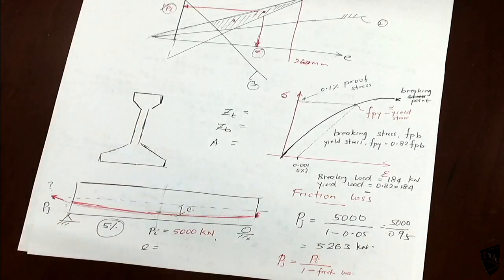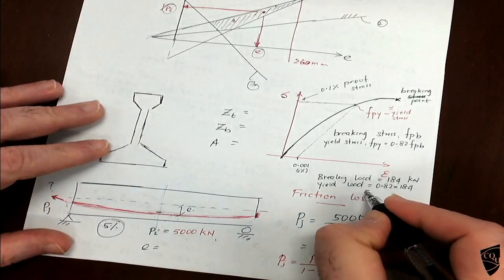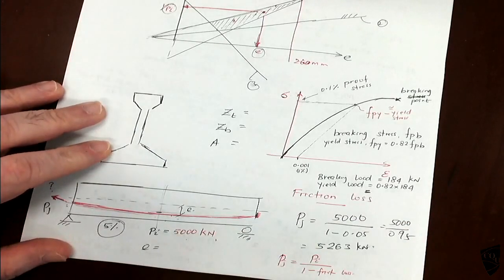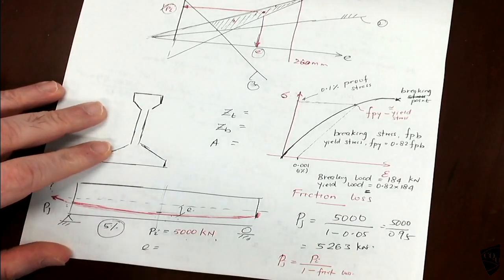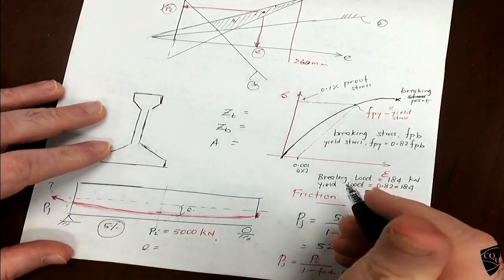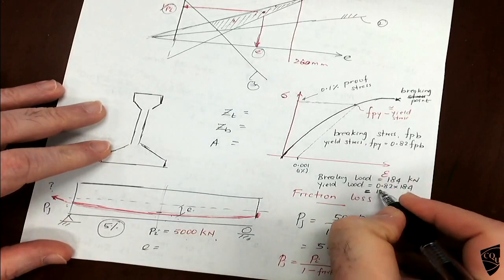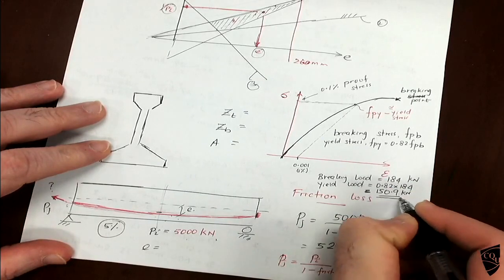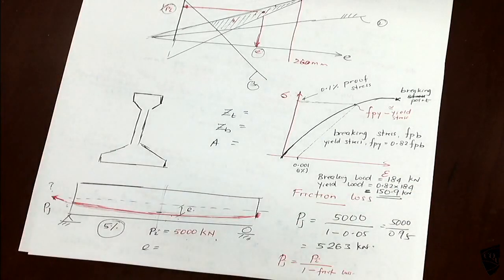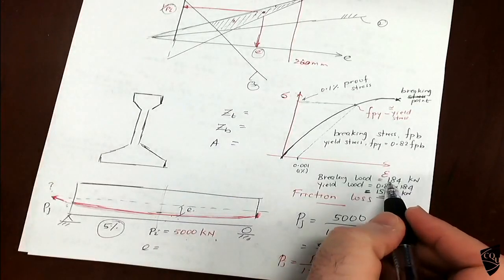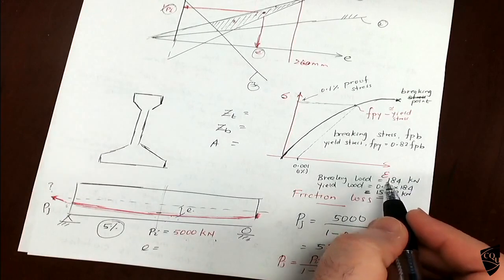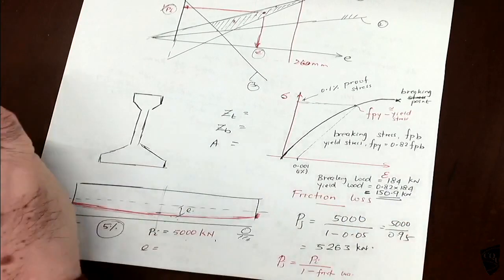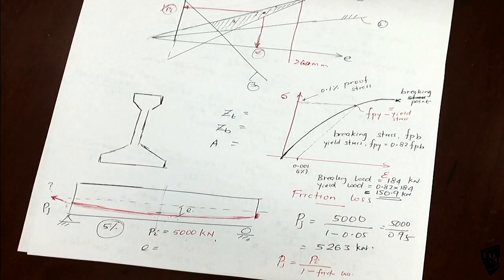So 184 times 0.82. How much will you get? Can you tell me? 150.9. So this is your yielding load. Each strand can go up to 184, but the yielding point is 150.9.